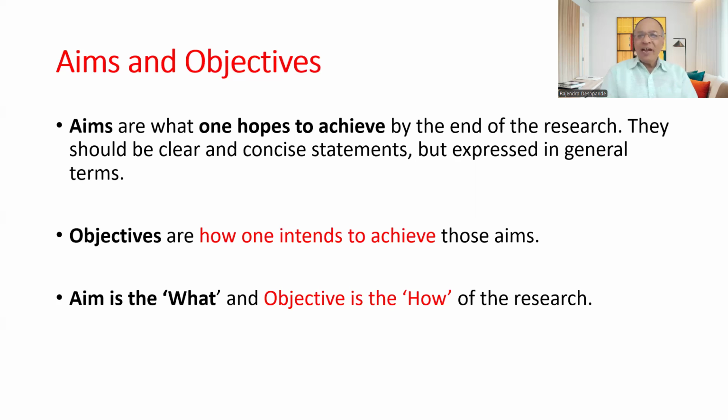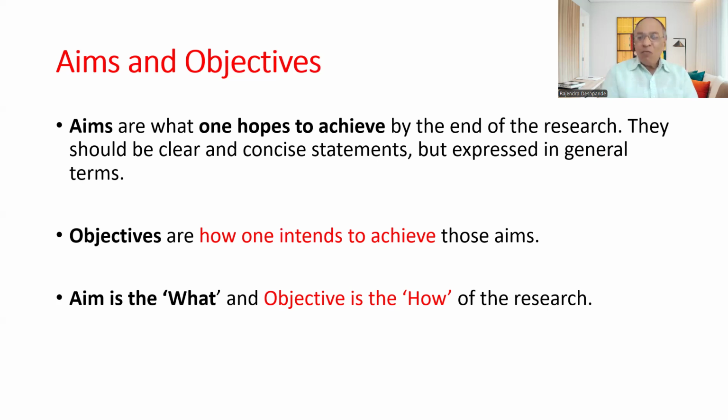Next, aims and objectives in the research. What is aim? Aim means what the researcher is hoping to achieve at the end of research. Our aim should be a very clear and concise statement, but expressed in general terms. Objectives are how the researcher intends to achieve his or her aim.